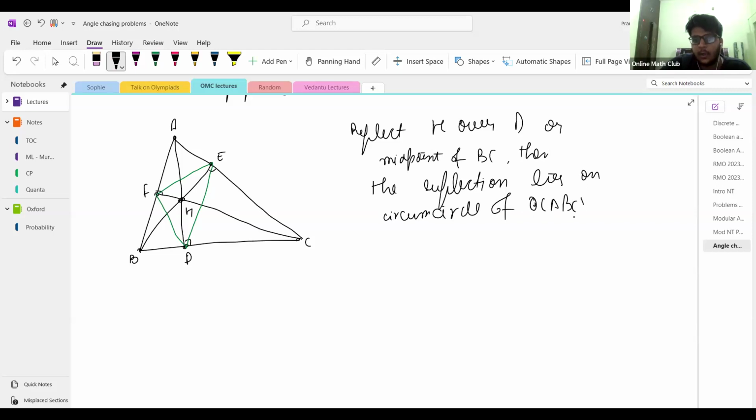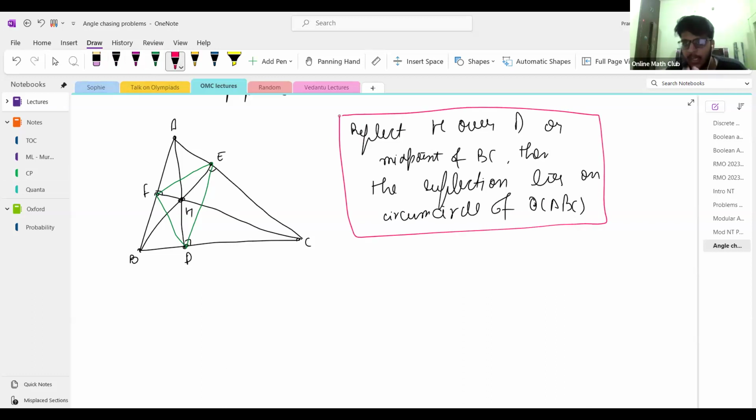You don't need to memorize this as a lemma. This is like a full problem in itself, and you might solve this at some point, but while doing another problem, you see that a reflection of H over D is involved, and I know this lies on the circumcircle. After enough practice, such things will just click.